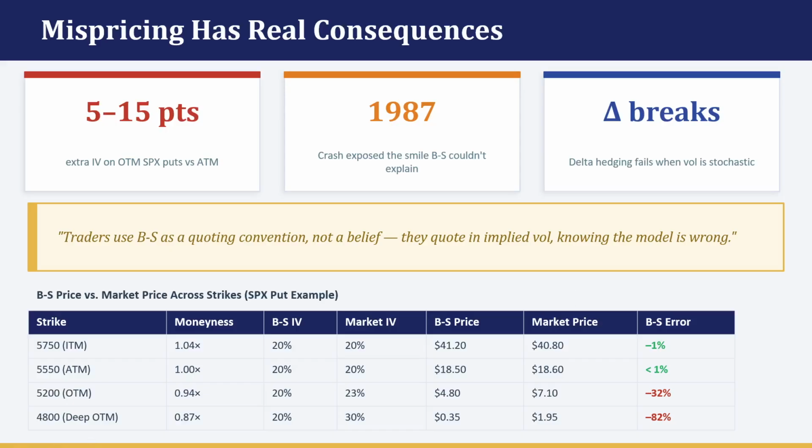And at the top of the slide, as you can see, delta hedging, the cornerstone of Black-Scholes risk management, also breaks down because delta is computed assuming that the volatility is constant. So the moment volatility moves with the market, your hedge ratio is simply wrong.